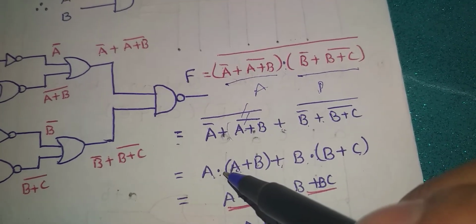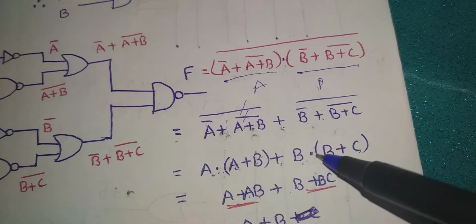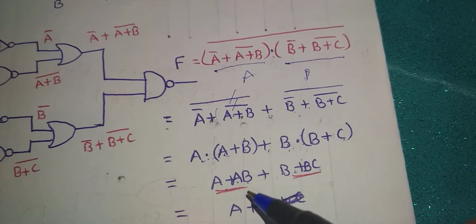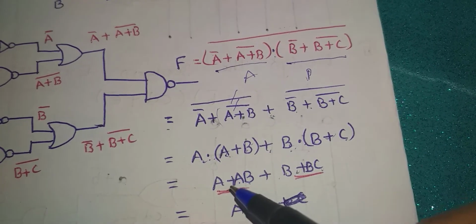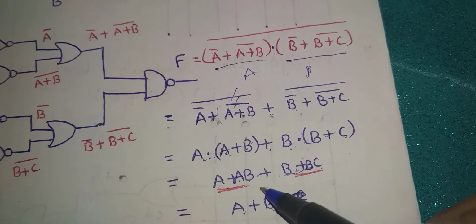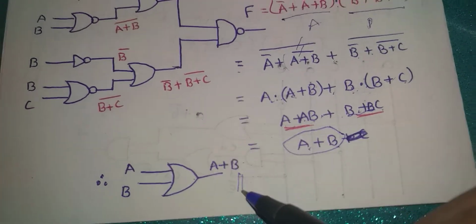Now A into A becomes A, A into B becomes AB, B into B becomes B, and B into C becomes BC. A plus AB is A, and B plus BC becomes B. That means it is a 2 input OR gate. This circuit is a 2 input OR gate.